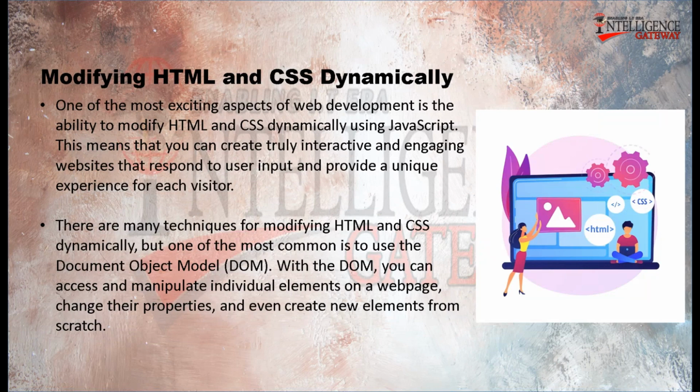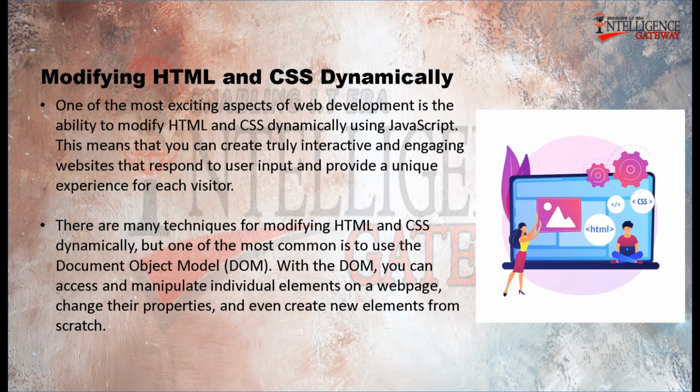Modifying HTML and CSS dynamically. One of the most exciting aspects of web development is the ability to modify HTML and CSS dynamically using JavaScript. This means that you can create truly interactive and engaging websites that respond to user input and provide a unique experience for each visitor.